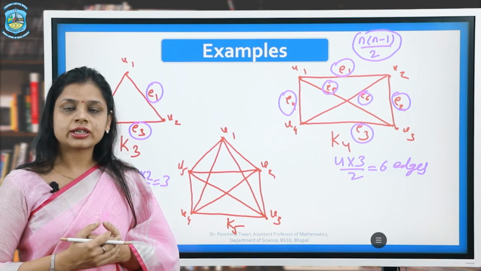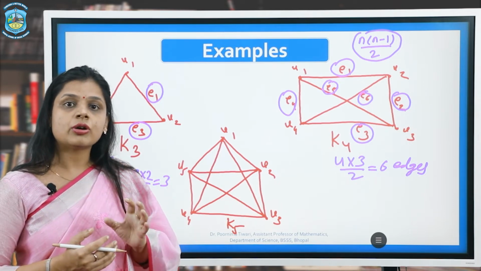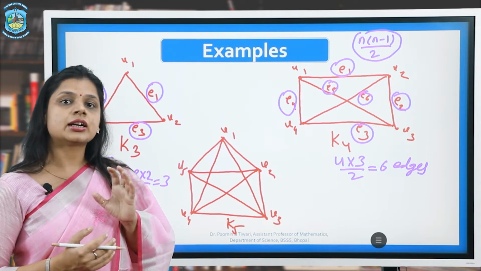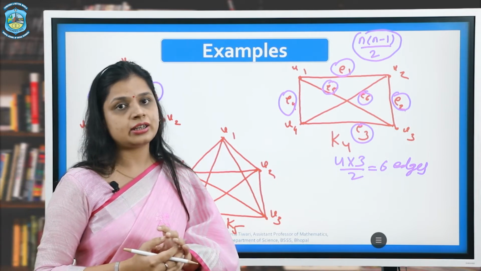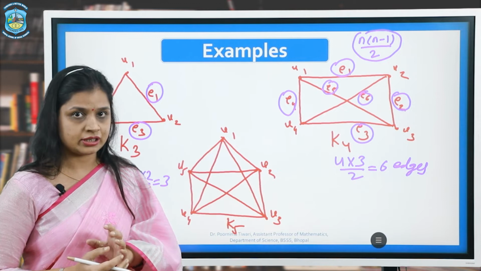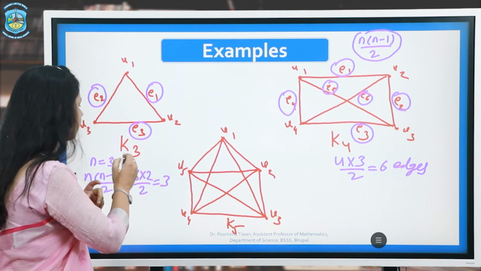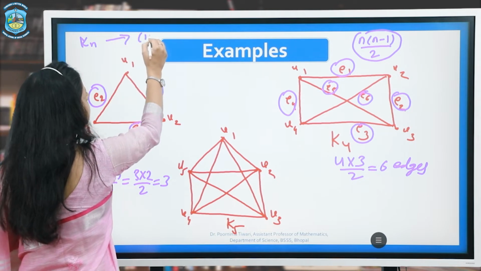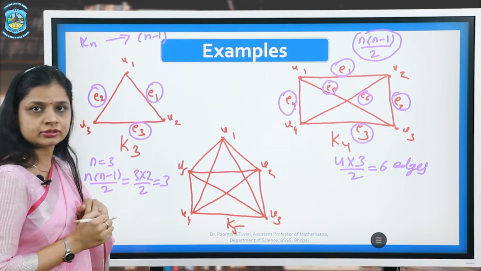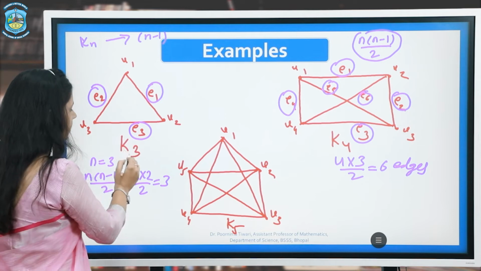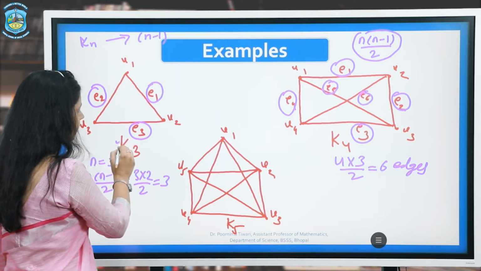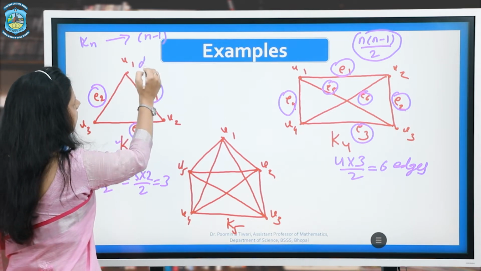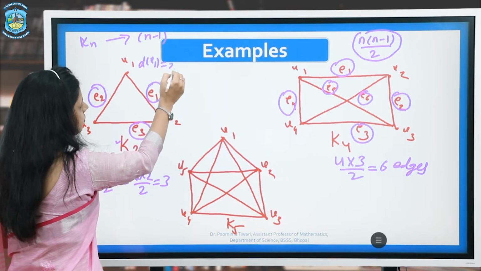The second observation is that the degree of every vertex in a complete graph of n vertices is n minus 1. That is, if we have this Kn, then the degree of every vertex will be n minus 1. We can verify. In this graph we have K3, and if we calculate the degree of V1, it is 2.